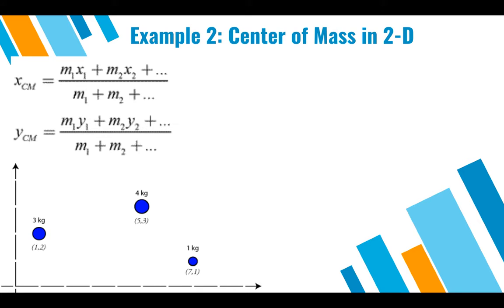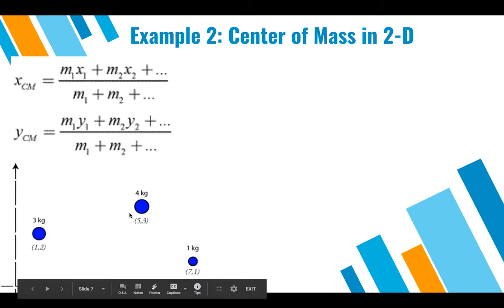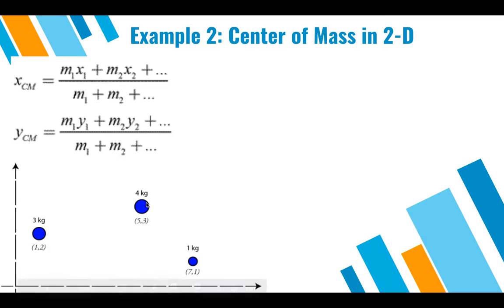So take a second, pause the video, and predict, before we do the calculation, where you think the location for the center of mass for this 3-particle system would be. You're probably thinking, here's the most massive object, so we know that the position of the center of mass should be closest to this object.